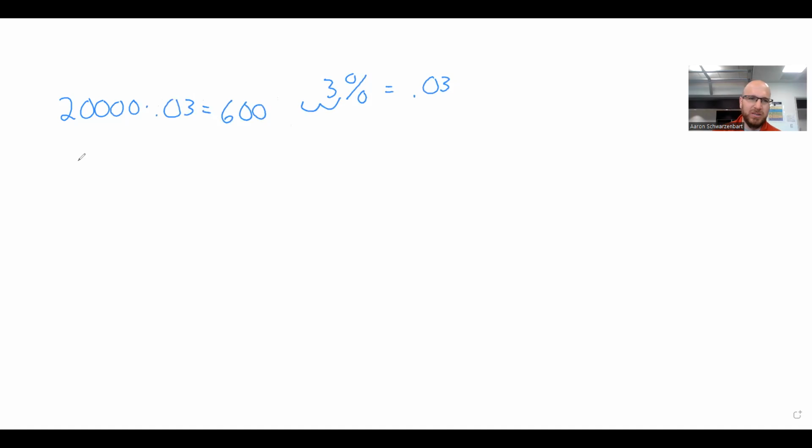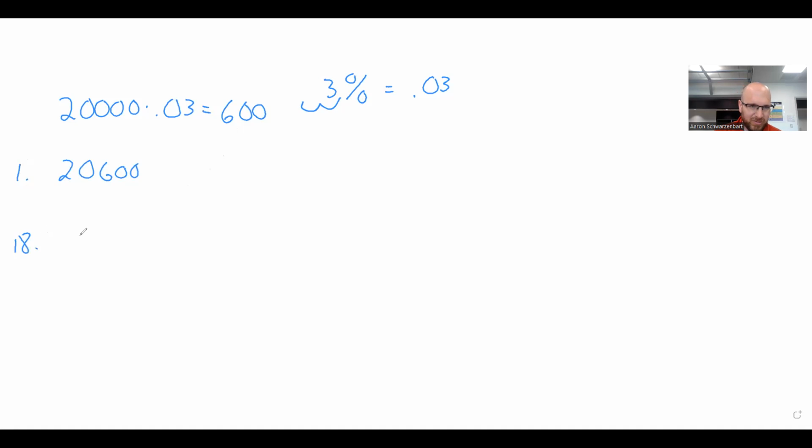That sounds pretty good. So after the first year, I've got $20,600. If I want to know how much total interest I get in 18 years, I was getting $600 per year, so that is just 600 times 18.